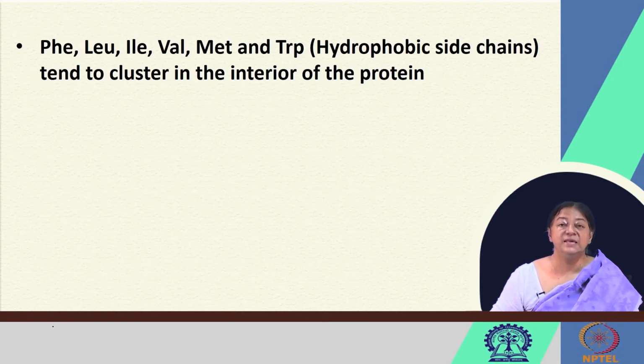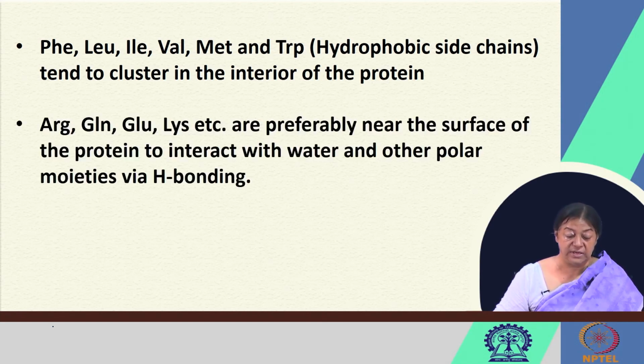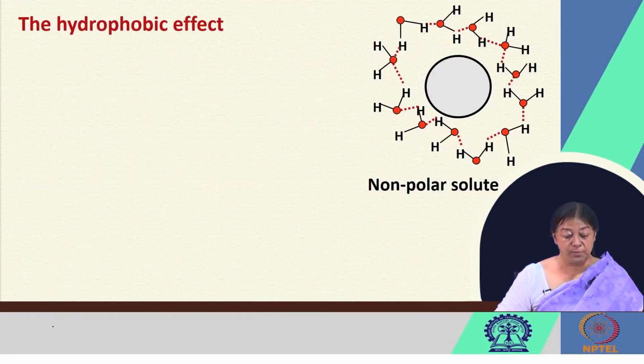So, when we look at the non-polar amino acid residues, for example phenylalanine, leucine, isoleucine, valine, methionine and tryptophan to a certain extent, they tend to cluster in the interior of the protein, and the other amino acids are preferably near the surface of the protein so that they can interact with the water and other polar moieties by hydrogen bond formation.